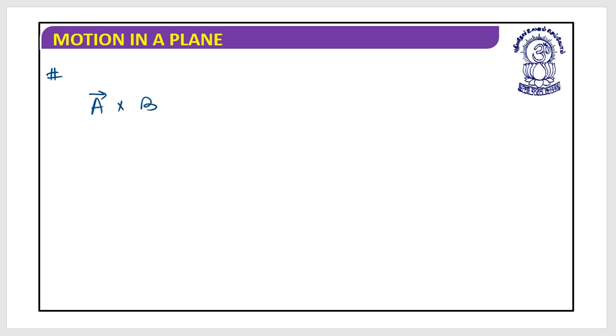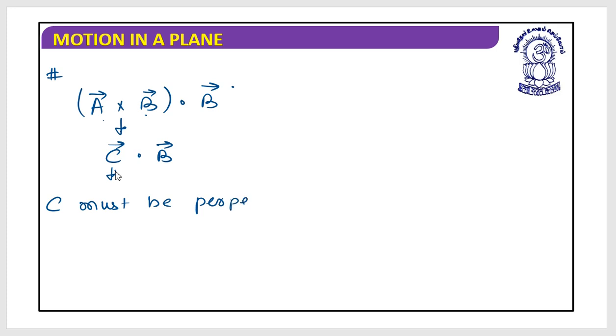Suppose I need to perform A cross B dot B. Suppose the answer of this is C. So I need to perform C dot B. Now, do you remember that the answer of any cross product C must be perpendicular to vector A and vector B?